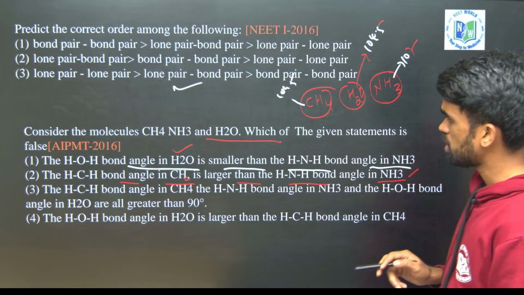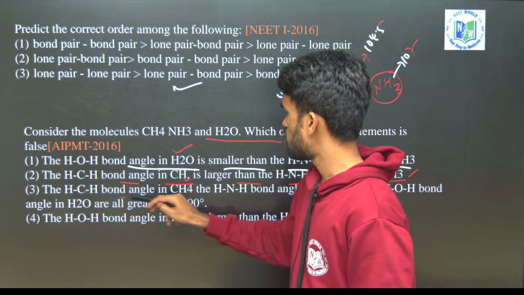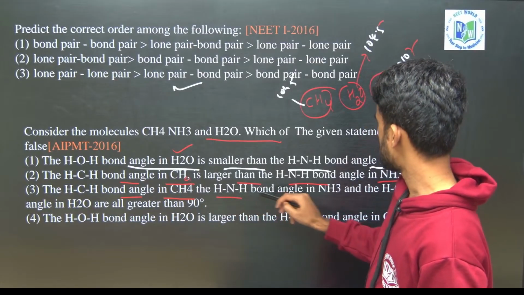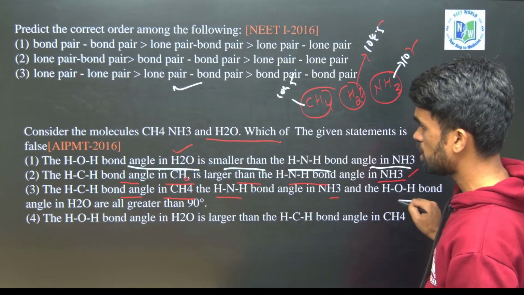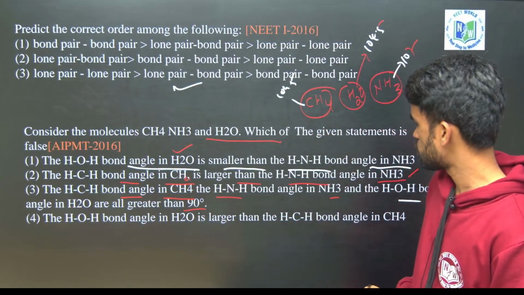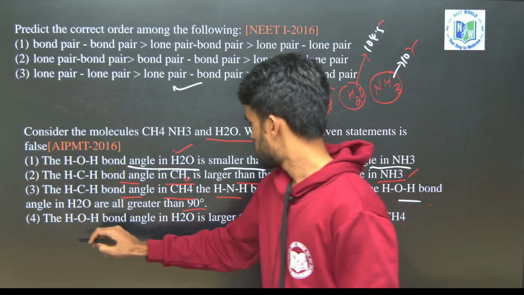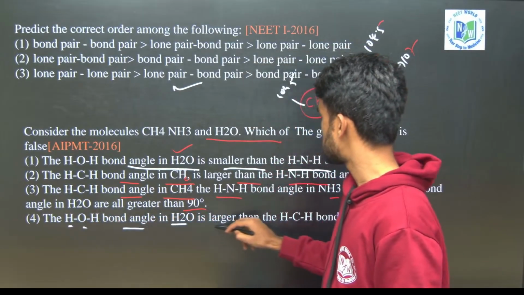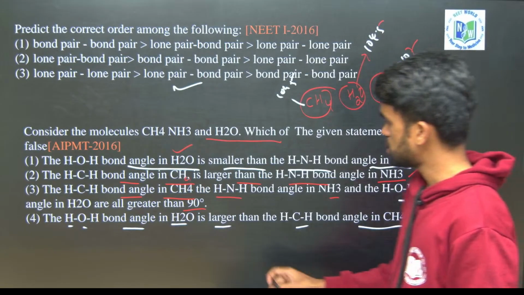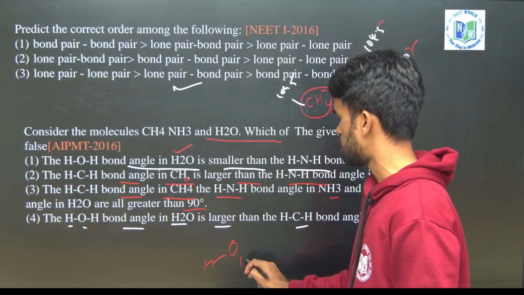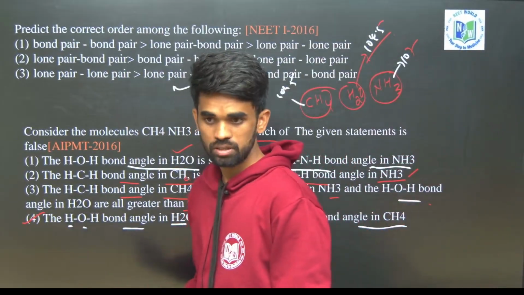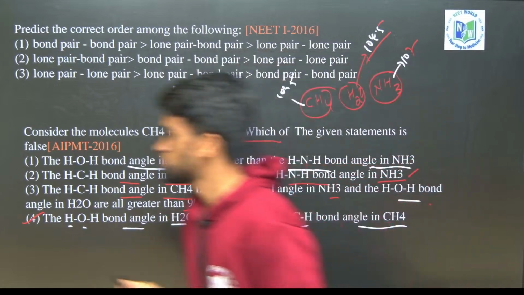The HCH bond angle in methane, the NHN bond angle in ammonia and the HOH bond angle in water are all greater than 90 degrees. Next, the HOH bond angle in H2O is larger than the HCH bond angle in methane. Is this correct? No. The HOH bond angle is minimum, only 104.5. So the fourth option is the false one, which is what you need to choose.